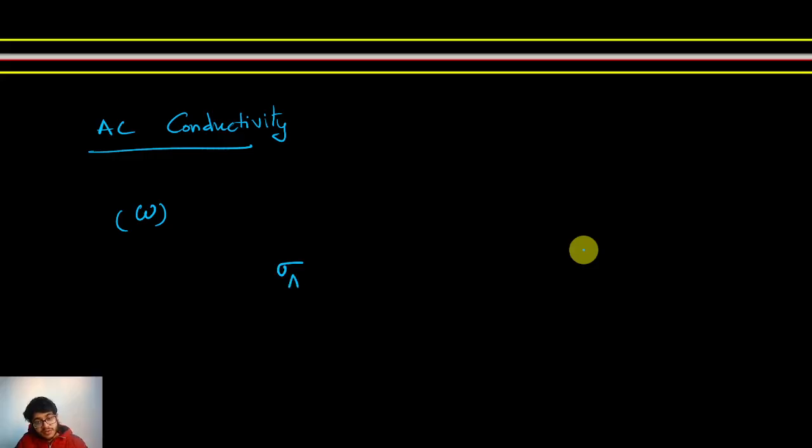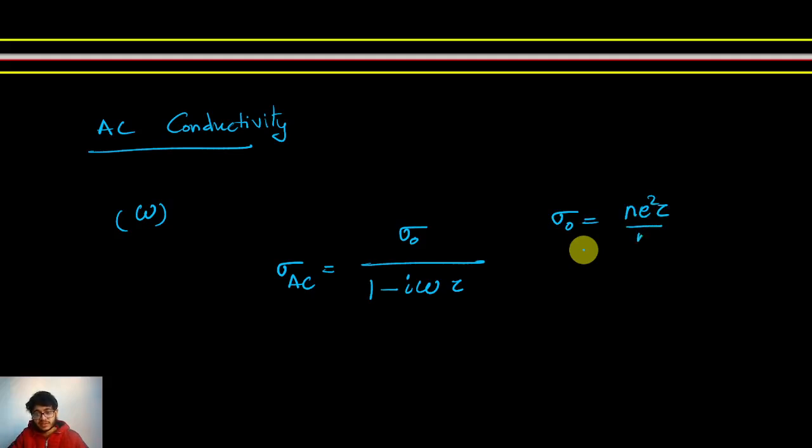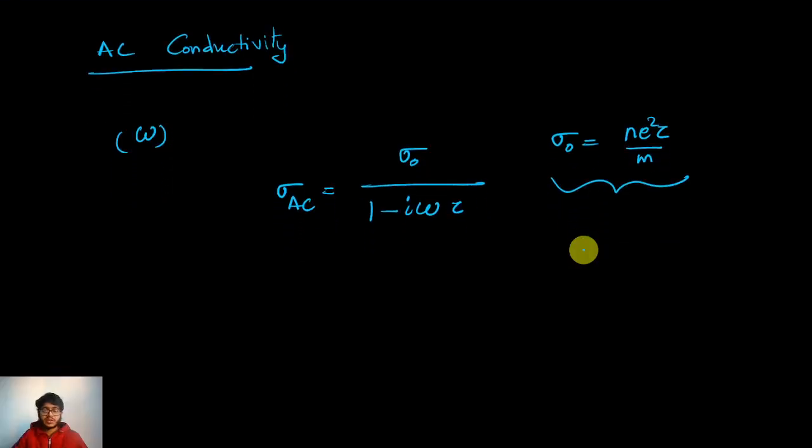What we found out is the conductivity of the metal will be given as sigma naught over 1 minus i omega tau. This is a more complicated looking expression, where sigma naught is the DC conductivity we saw earlier in Drude's model, but there is an imaginary number.